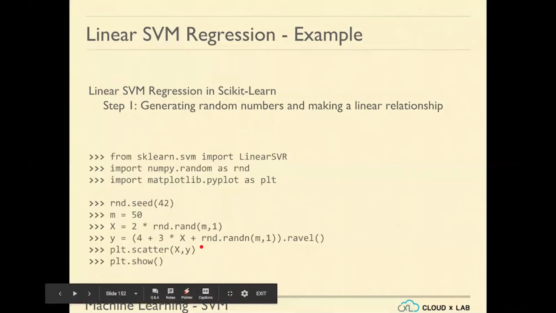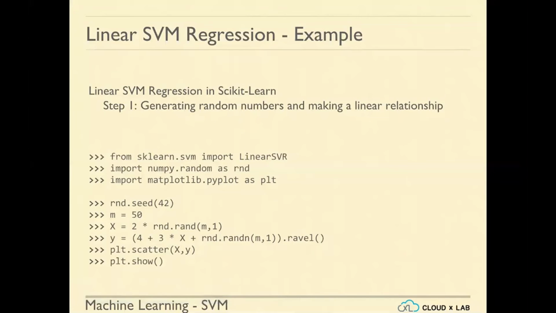Ravel basically makes it a single row of values. Instead of being two dimensional, it becomes single dimensional.